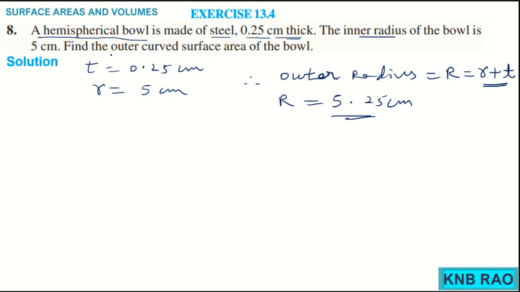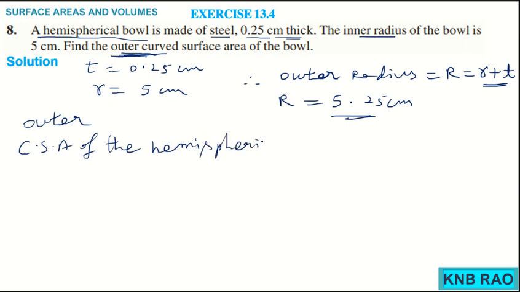So, when they ask us to find the curved surface area, that too the outer curved surface area of the bowl. Which shape bowl? It is a hemispherical bowl.